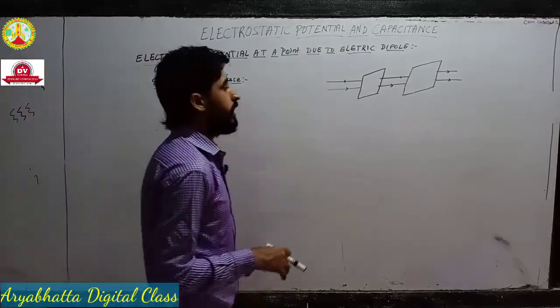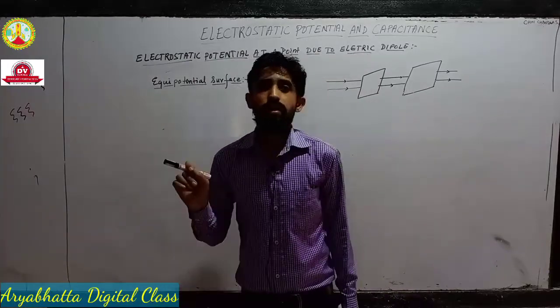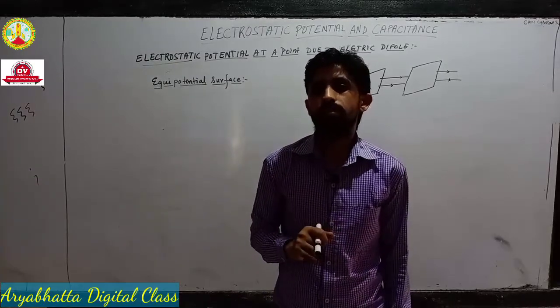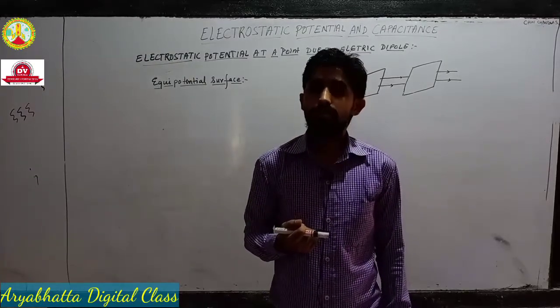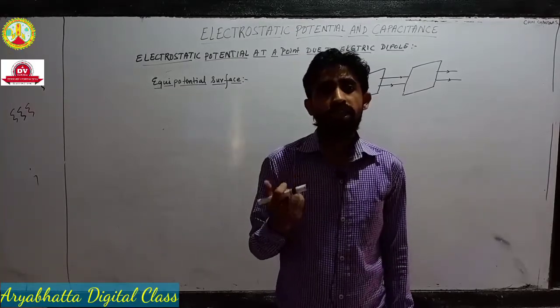if I ask you, at an equipotential surface, what will be the work done by a charge? What will be the work done by charge particles? Guess? Yeah, 0. If the potential is the same at each point, the potential difference must be 0.